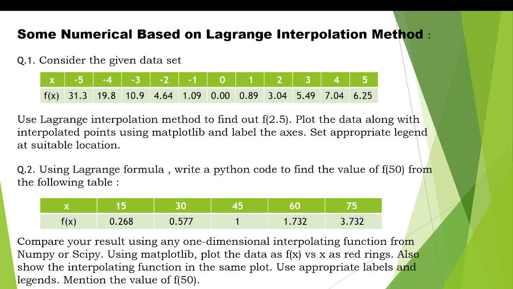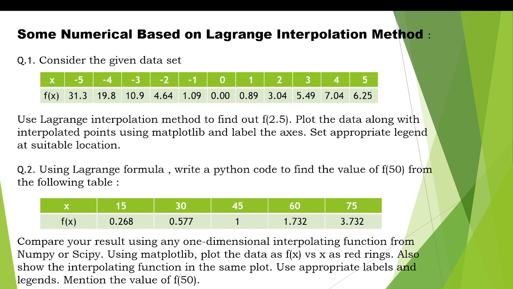And it says that use Lagrange interpolation method to find out f of 2.5, plot the data along with interpolated points using matplotlib and label the axis and set appropriate legend at suitable location.